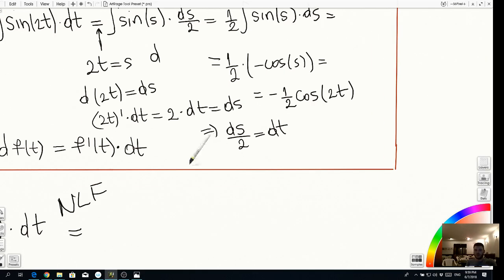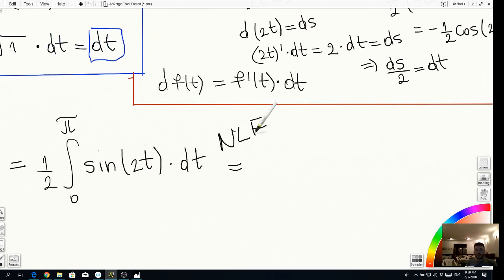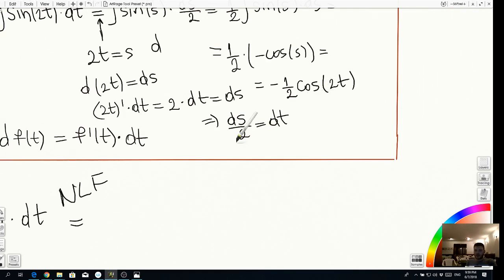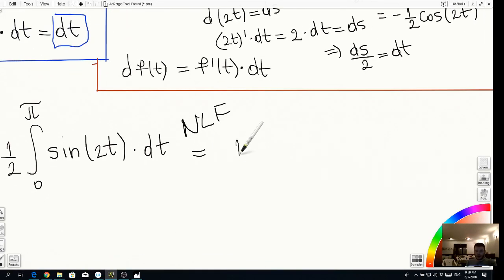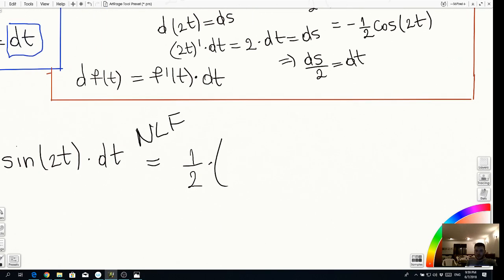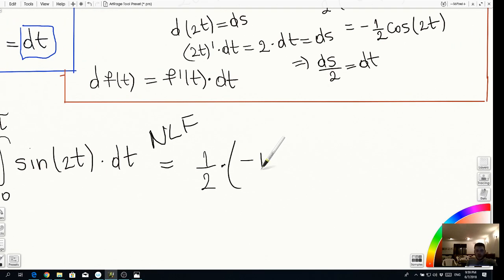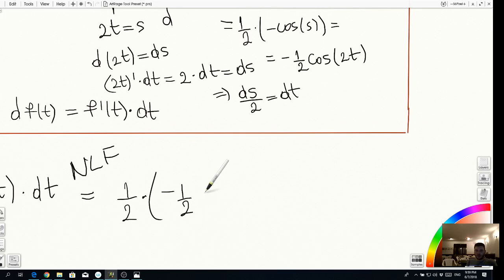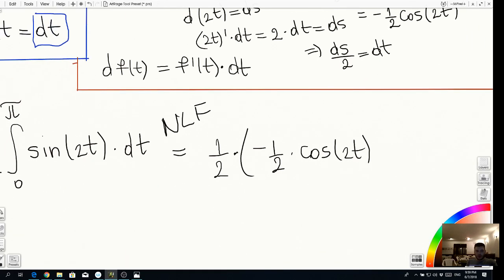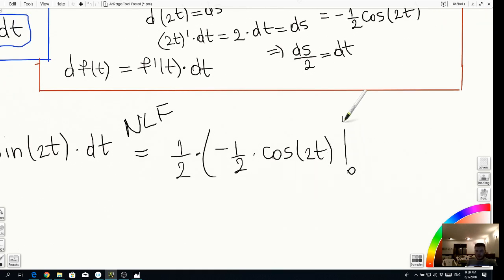That is enough. So let's get back here. 1/2 times 1/2 times minus 1/2 times cosine 2t from 0 to pi.